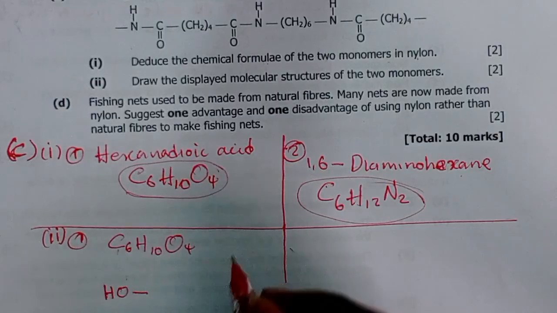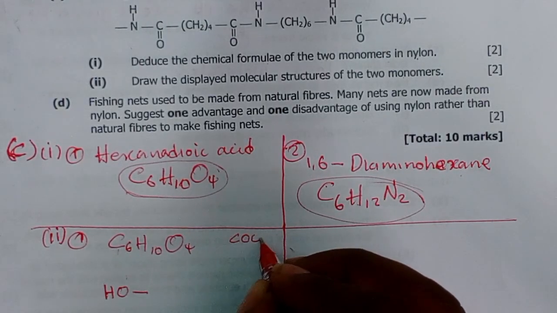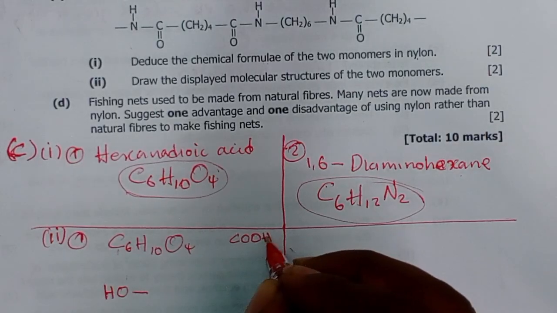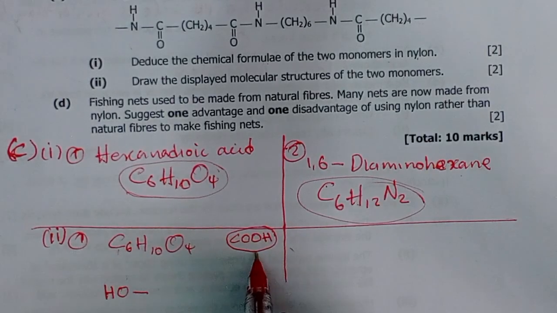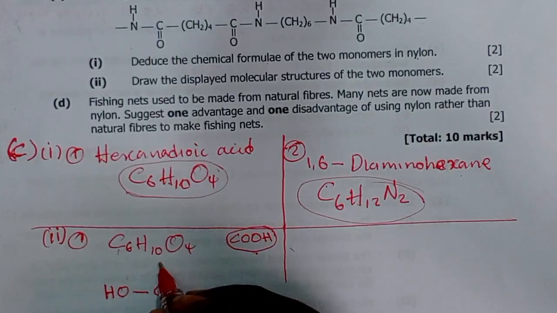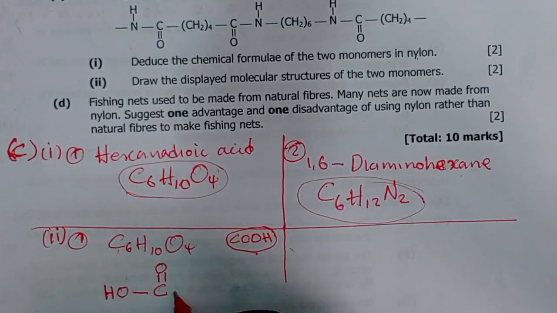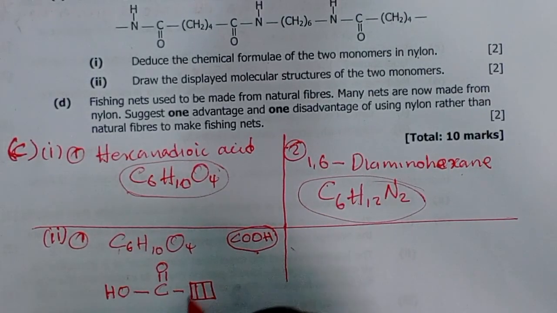The functional group of an acid is carbon, double bond oxygen, and OH. This is the same functional group that I'm going to draw: HO-C double bond oxygen.